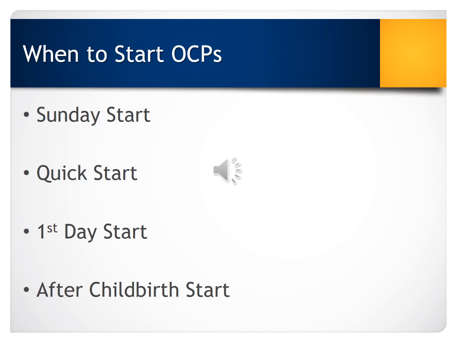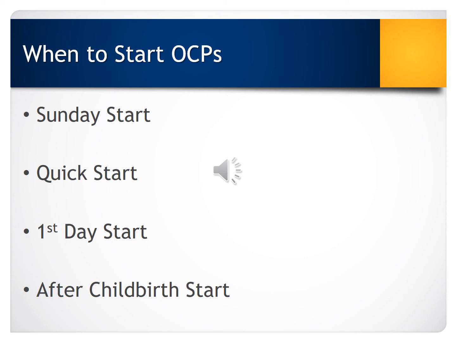Women have a couple of options of when they can initiate their oral contraceptive pills. One is a Sunday start. That means starting the Sunday after the first day of your menses. So let's say your menses start on a Monday.